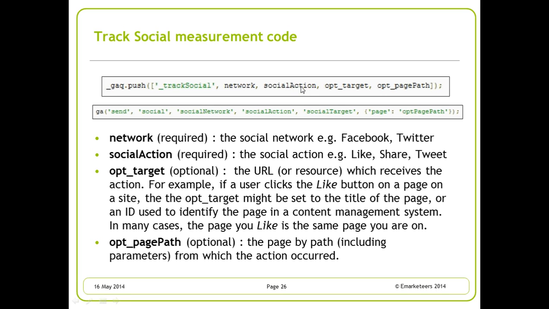And you define the social action: tweet, retweet, like, unlike, etc. Option target and page path, forget those for now. They are optional, they're not required fields. In the new version, it's similar but different. The code is GA send social, and then social network, social action, the same fields as before, basically.